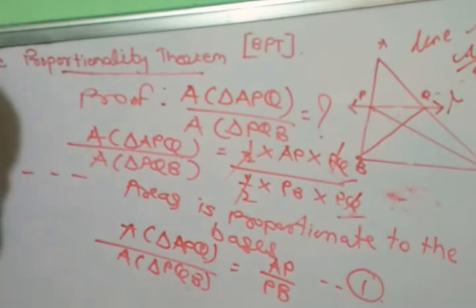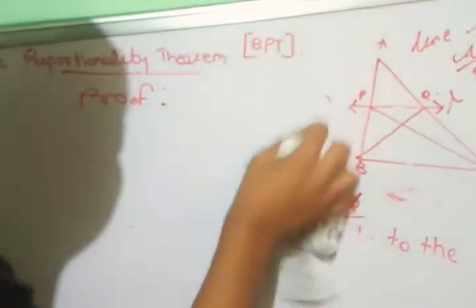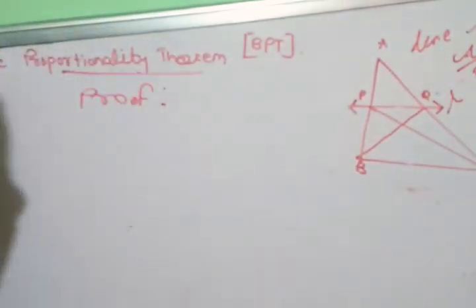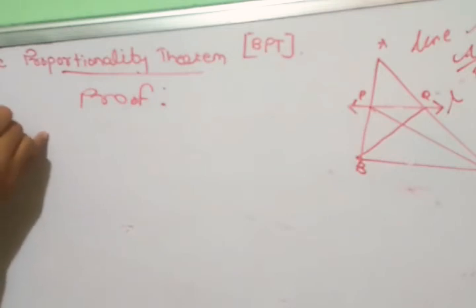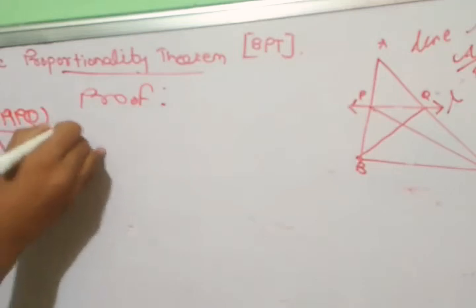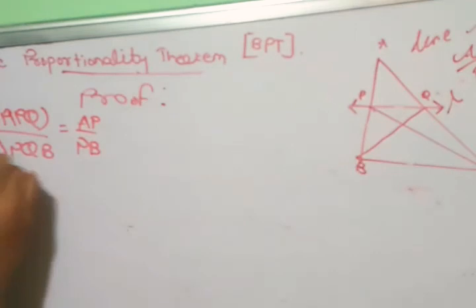So friends, this is the second step, and in this second step, the area of triangle APQ by the area of triangle PQB is equal to AP by PB. This is the first.